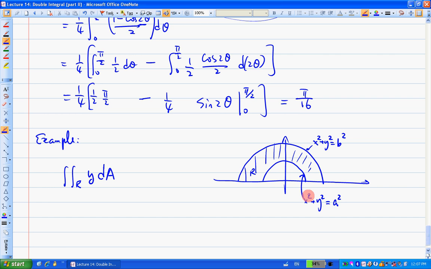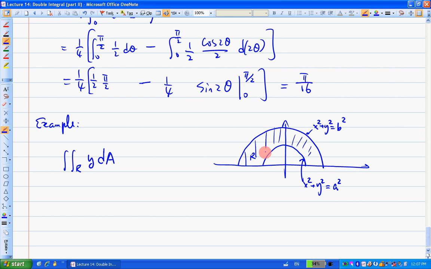Not necessarily always like that, but when you have a circular bound, polar coordinates are probably going to save certain computations. So coming back here, I decided to use polar coordinates.